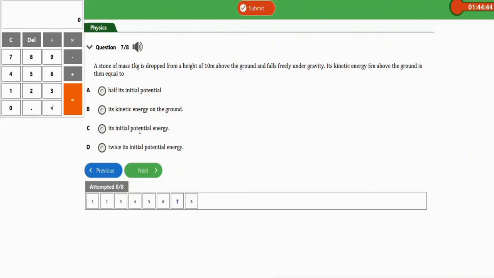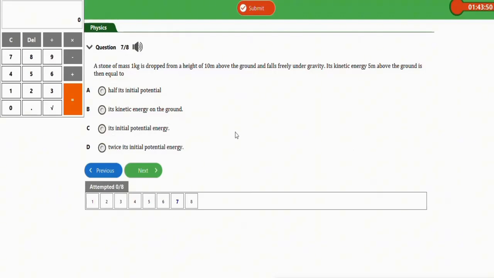C, its initial potential energy. D, twice its initial potential energy. The correct option in this question will be option A. Its kinetic energy 5 meters above the ground will be equal to half its initial potential energy. So that's it for this particular question.